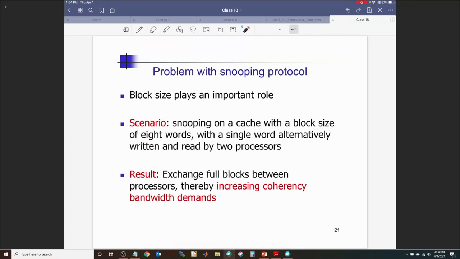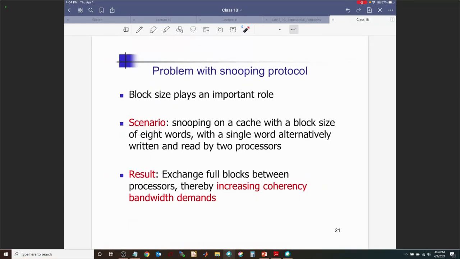So let's play out this scenario. Let's say we are snooping on a cache with a block size of 8 words, one block with 8 words, with a single word alternatively being written and read by two processors. So there is a single word in an 8-word block that two processors, say A and B, are writing and reading from. What is going to happen because of that?